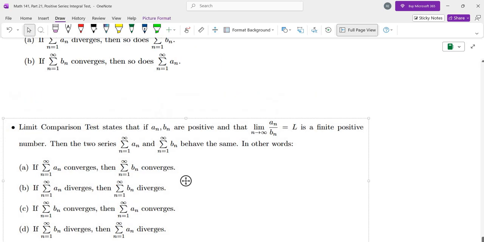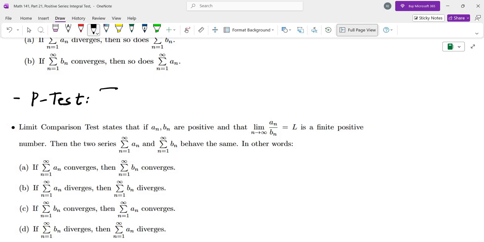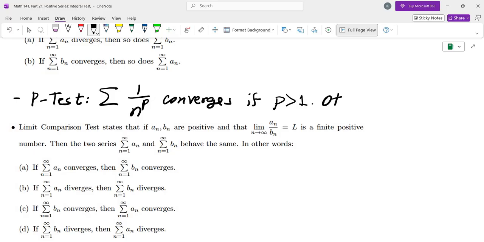And I forgot to include the p-test. So the p-test tells us that the sum of 1 over n to the power of p converges if p is greater than 1. Otherwise, it diverges.